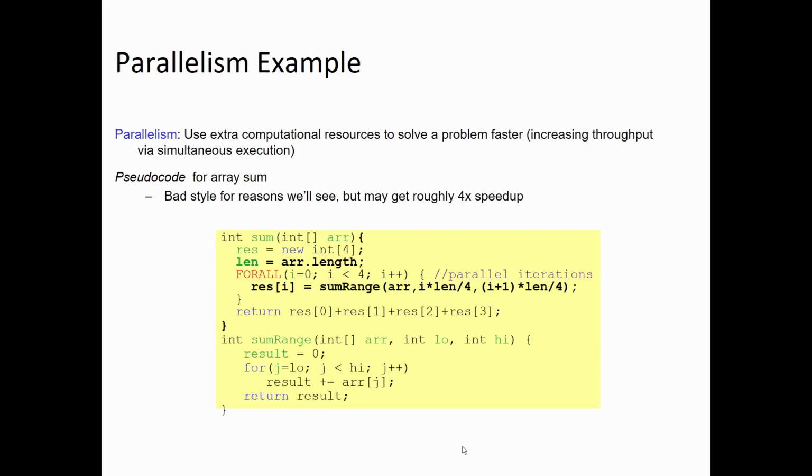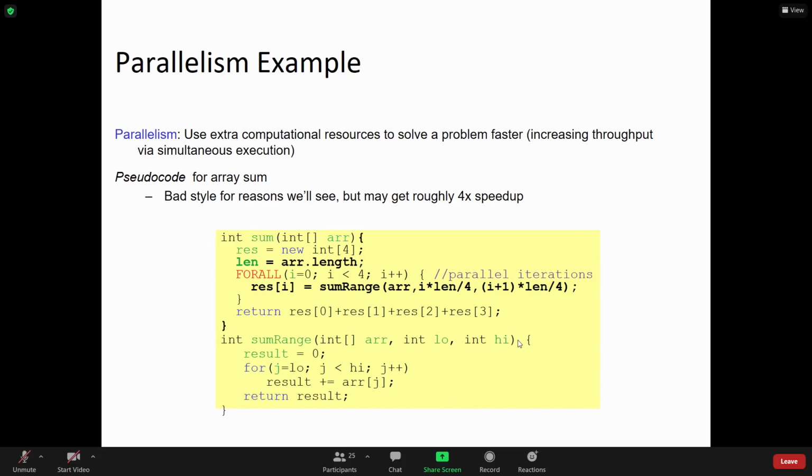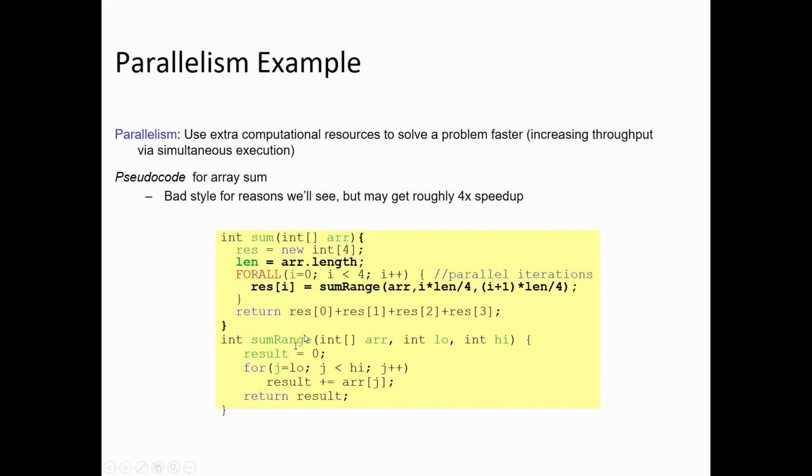I will show you slightly later how to run something in parallel in Java. But at first, you have to understand how to do it and the reason why we are doing it. This is the example of why, not how. Then get results from each of these subtasks and sum up the elements. If n is huge, if the size of the array is really huge, then we can get roughly a 4 times speedup.